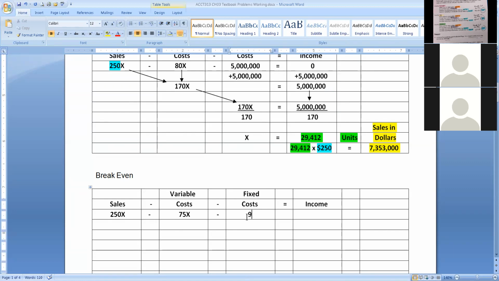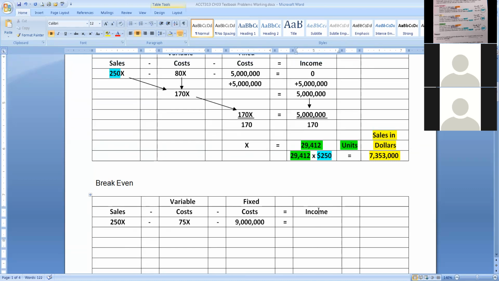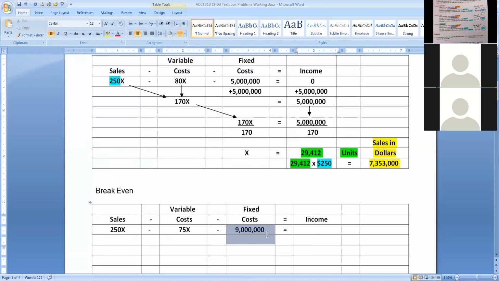Fixed cost is 9 million. Now, right away, you can see a problem here with, oh, this is for Thailand.